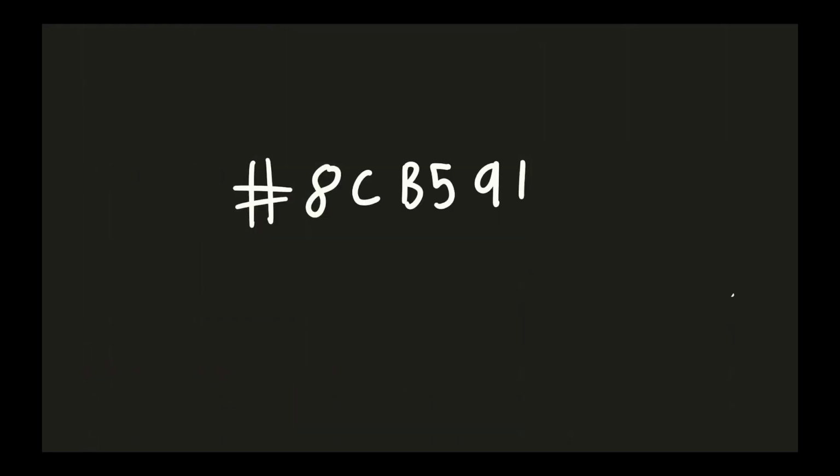So we have an RGB color here, where the first 2 digits of this code are the red value, the next 2 digits are the green value, and the next 2 digits are the blue value. And these digits are just hexadecimal numbers. So 8C is 140, if I'm remembering my notes.